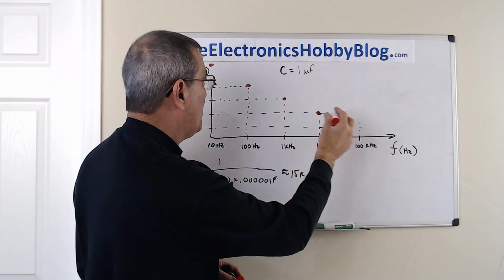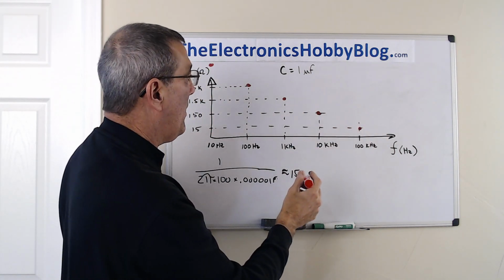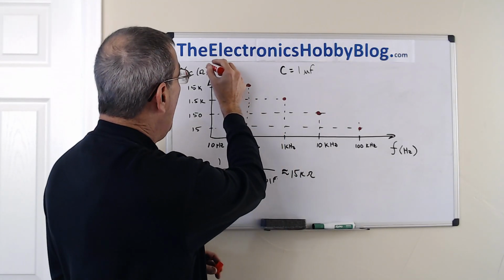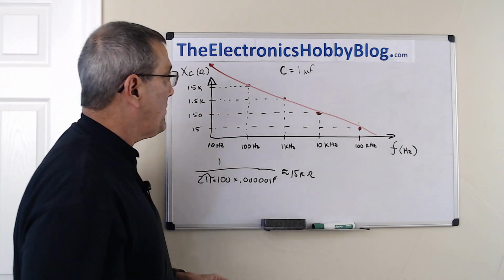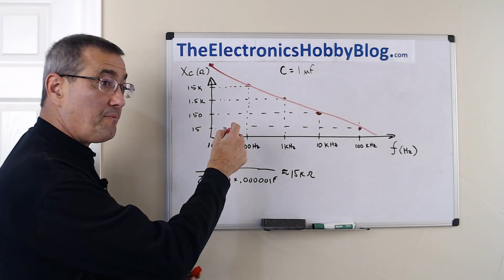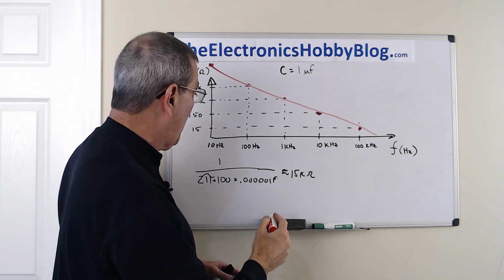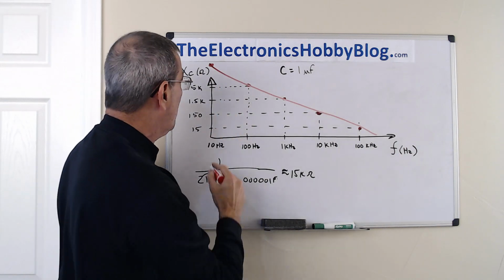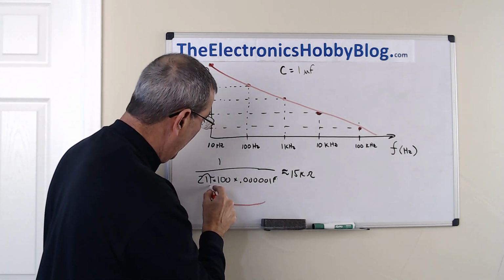And at 10 kilohertz, it's at 150 ohms, and at 100 kilohertz, it's at 15 ohms, and so on and so forth. And what you'll find is that on a log scale, that's extremely linear. However, keep in mind, this is logarithmic. So if we looked at this on a linear scale, you would see that the reactance starts out very high and comes down very quickly.